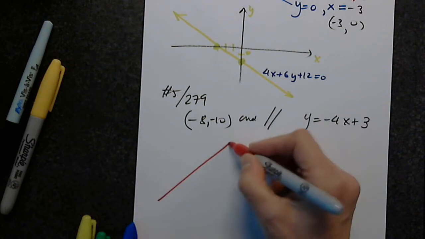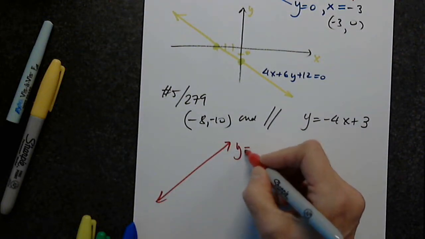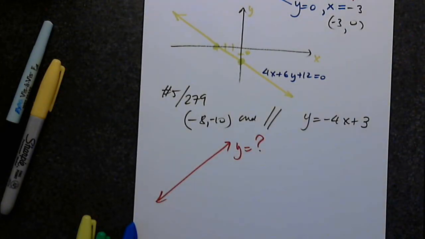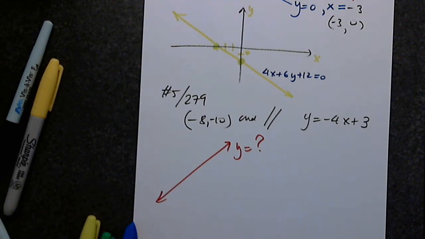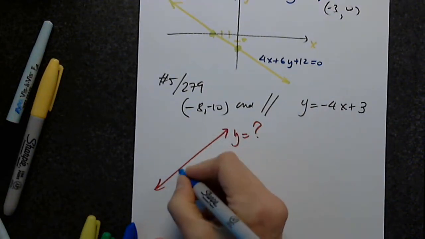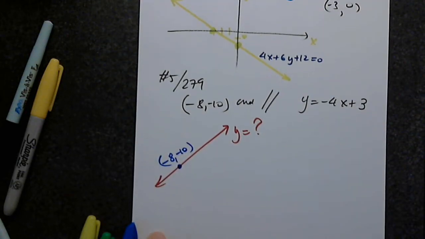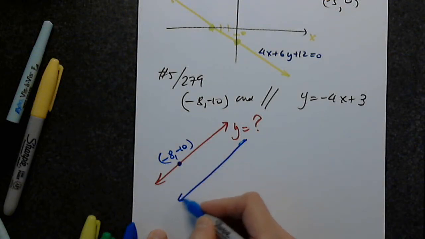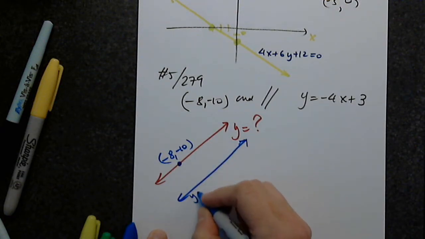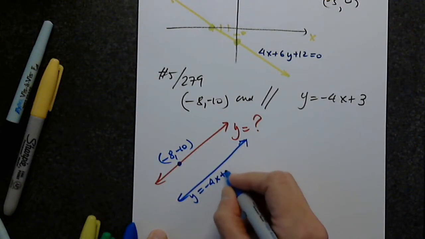We're asked to find the equation of a line, seen here in red, and we know two things about it. We know that it passes through the point -8, -10, and we also know that it's parallel to a line whose equation is given to be y equals -4x plus 3.